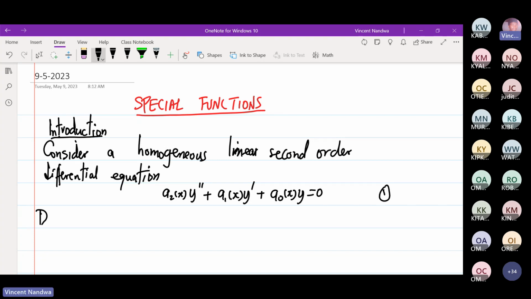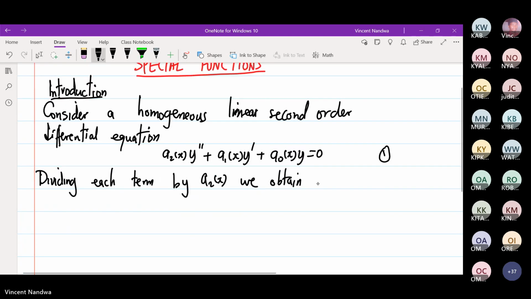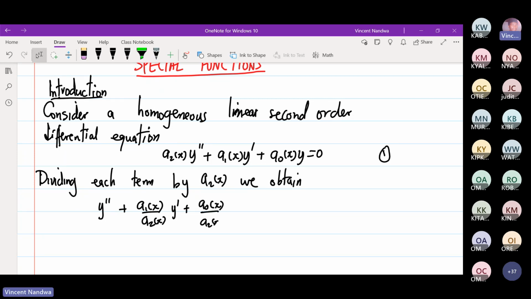Then dividing each term by a2 of x, we obtain y double prime plus a1 of x over a2 of x y prime plus a naught of x over a2 of x y equals 0.